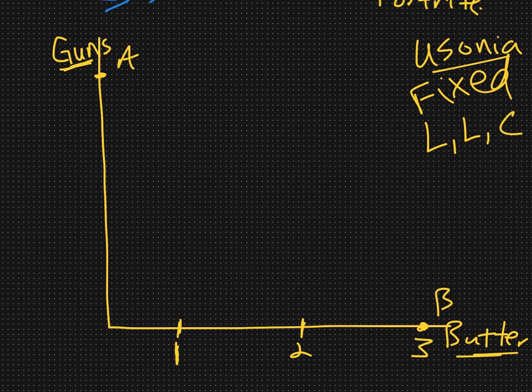And so then, let's say that this is guns up here, and let's say the maximum amount of guns that this economy could produce. And I'm going to try to make this nice and even here for a minute. All right, so 4, 5, 6, 7, 8. So let's say that this is 8,000.